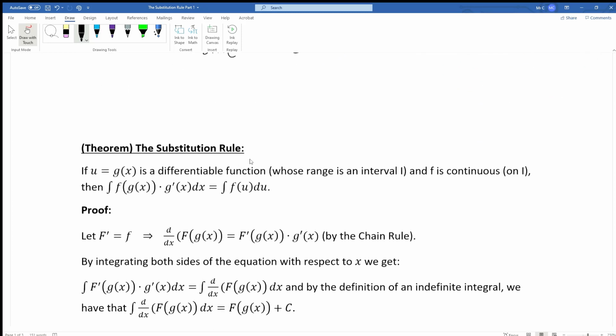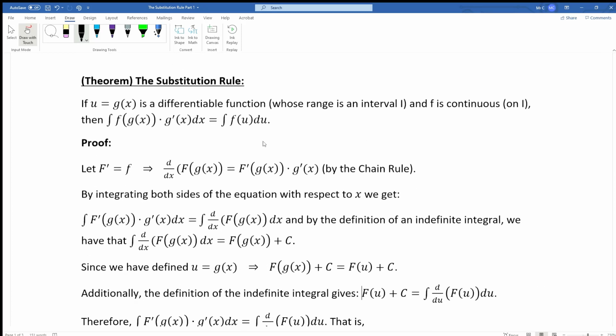This is really a theorem, and it states that if u equal to g of x is a differentiable function whose range is an interval I, and f is continuous on I, then the integral of f of g of x times g prime of x dx equals the integral of f of u du.